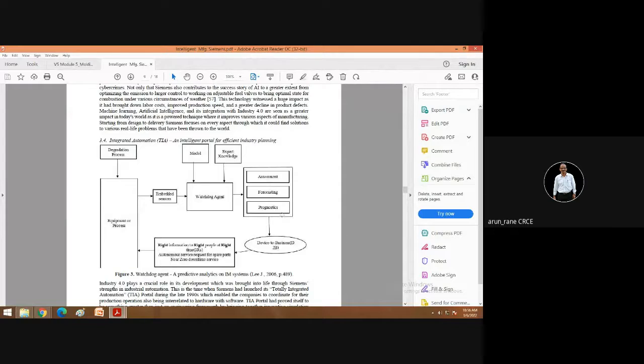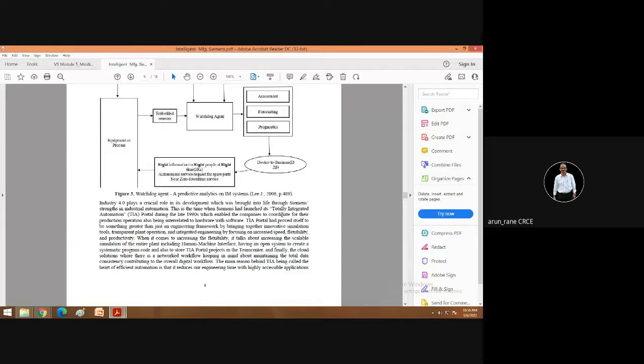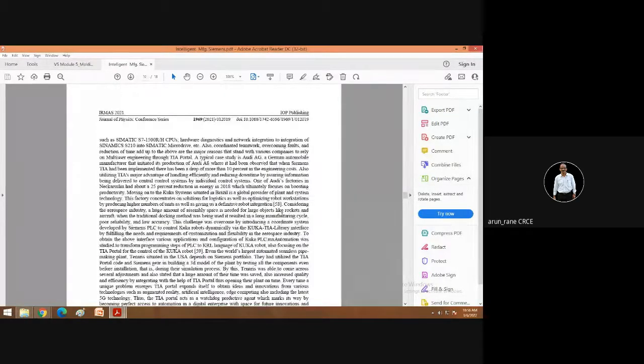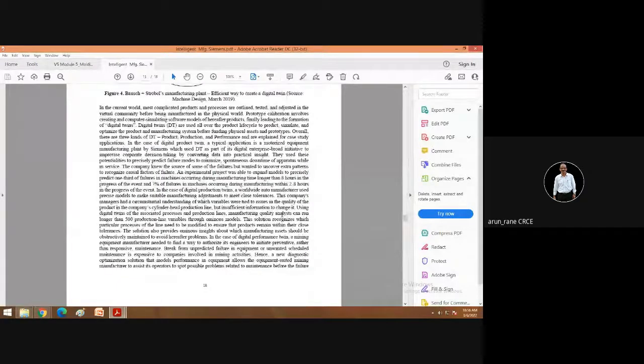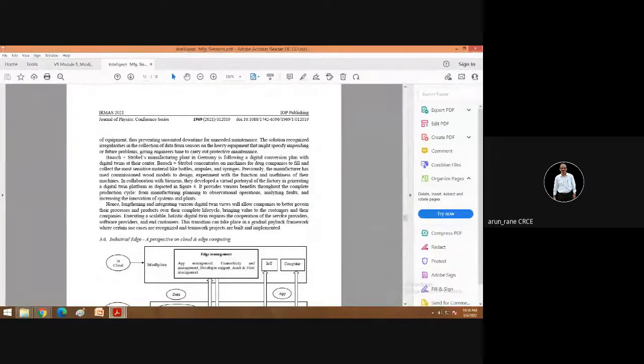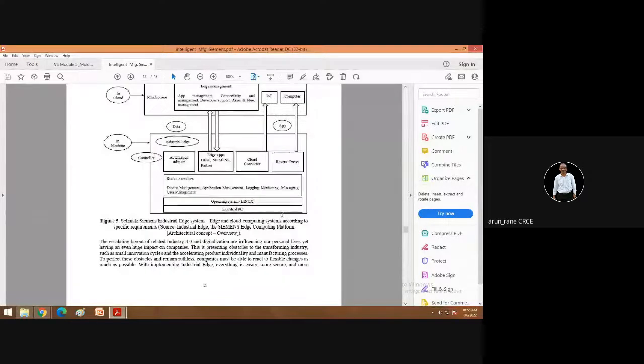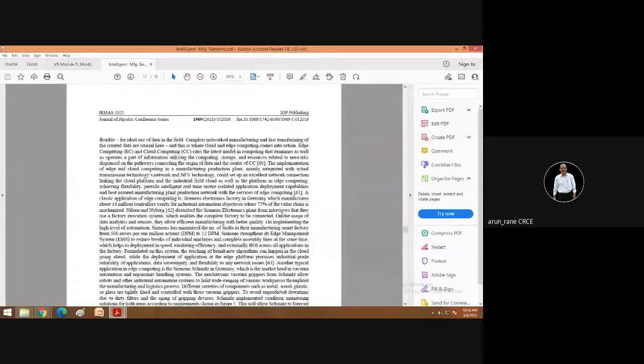How the industry's various departments are connected. All this you will come to know in this paper. What is cloud computing, edge computing?